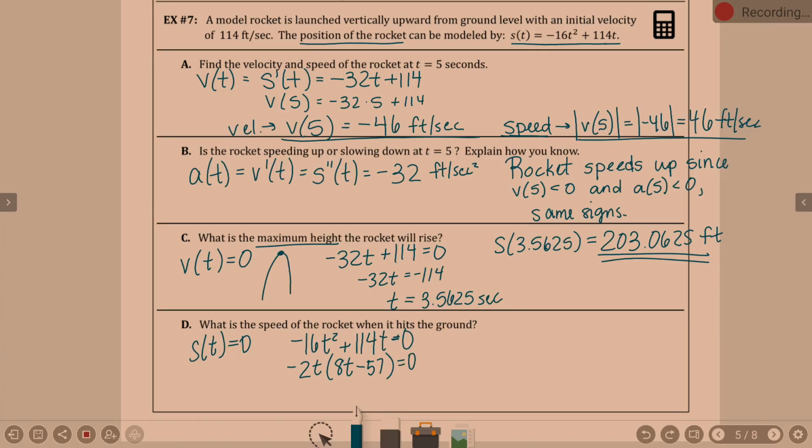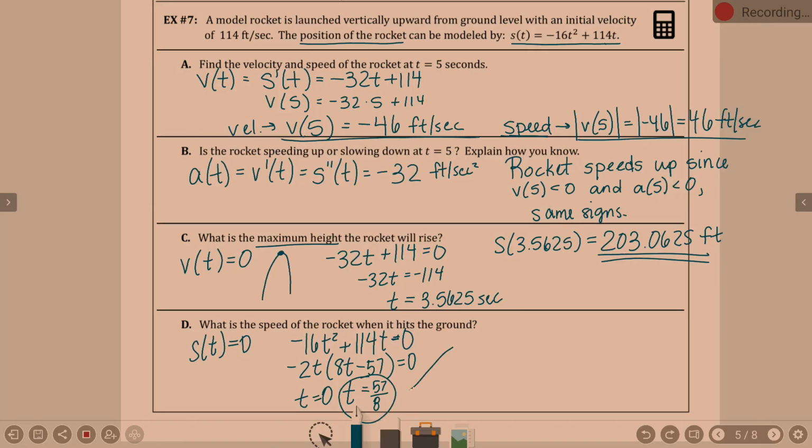If you set each factor to 0, what do we have? Negative 2t equals 0 would give you t equals 0. 8t minus 57 equals 0 gives you t equals 57/8. There's 2 times there because one is when the rocket starts and the other is where the rocket ends. So obviously we're going to use this time.